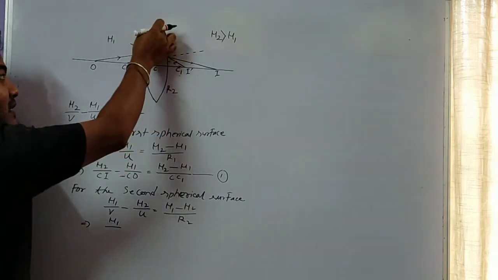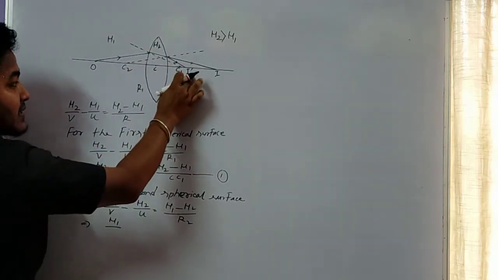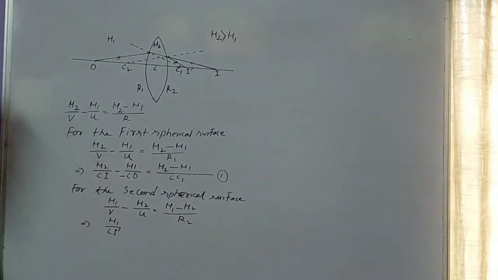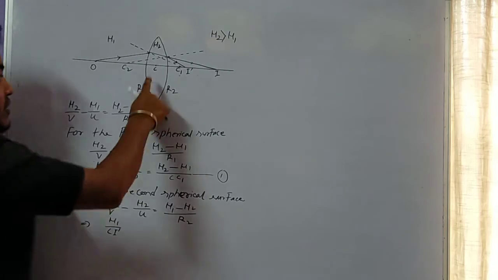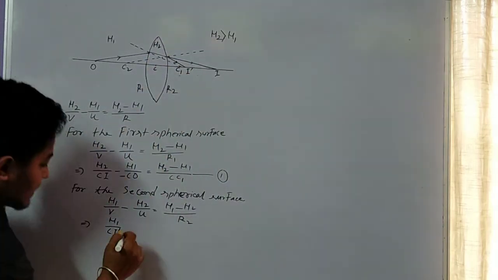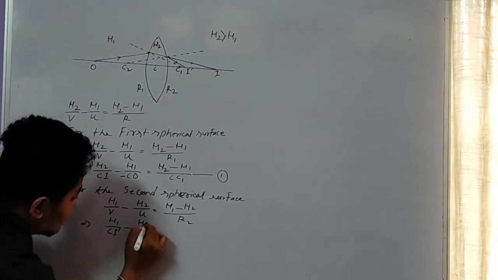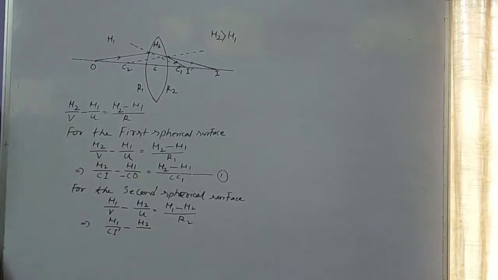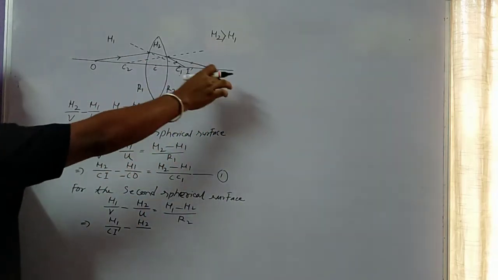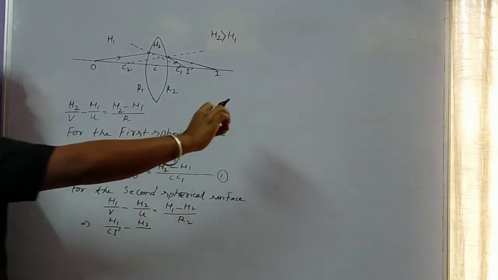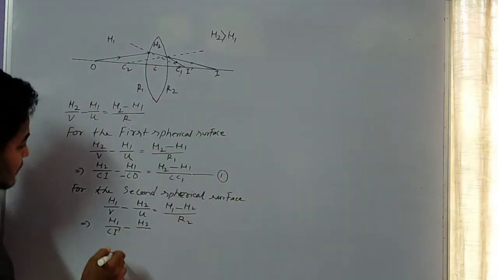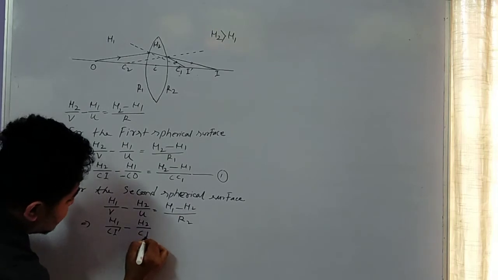So in the second spherical surface, mu1 by v. For the second spherical surface, the image was CI dash. Is that clear? CI dash will be the image for the second spherical surface, and minus mu2 by the object distance, u. Object distance will be positive in this case because it is lying on this side, because of the virtual object, so it will be CI.